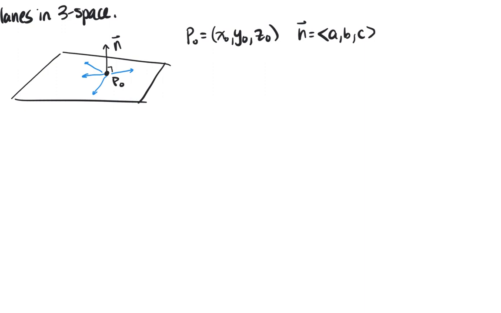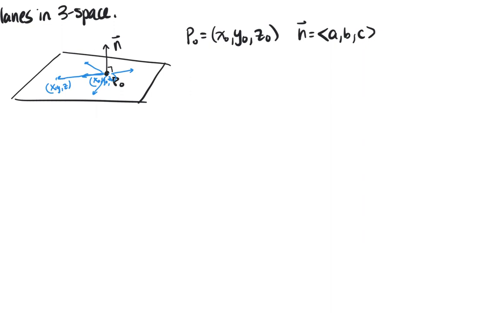So the way that you could write this down is you could say that it is all the vectors whose dot product, so for any point x, y, z, we have x naught, y naught, z naught over here. And so I could make a vector between those two.